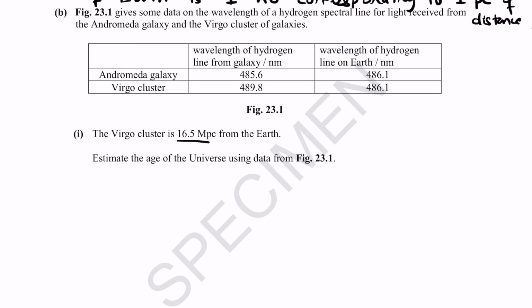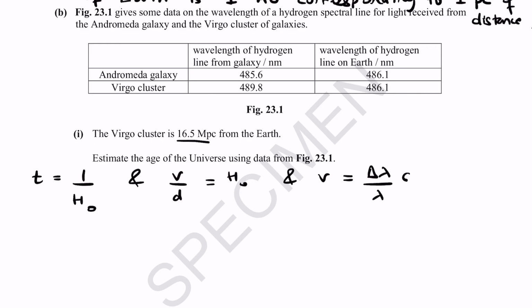Fairly simple. We know that the age can be calculated by doing 1 over H naught, and we know that v over d is equal to H naught, and we can calculate v by using the Doppler effect, which is the change in wavelength over the original wavelength times the speed of light.